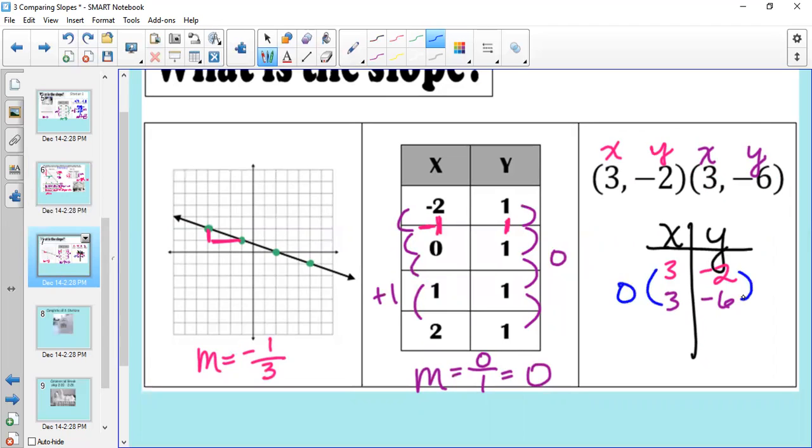Our changes in our y's, it went from losing $2 to now I lost $6. That was 4 worse. And when I make a fraction, again, y's go on top, so negative 4 over 0. And in class, we talked yesterday about remembering your undies, 0 under. Our answer is undefined.